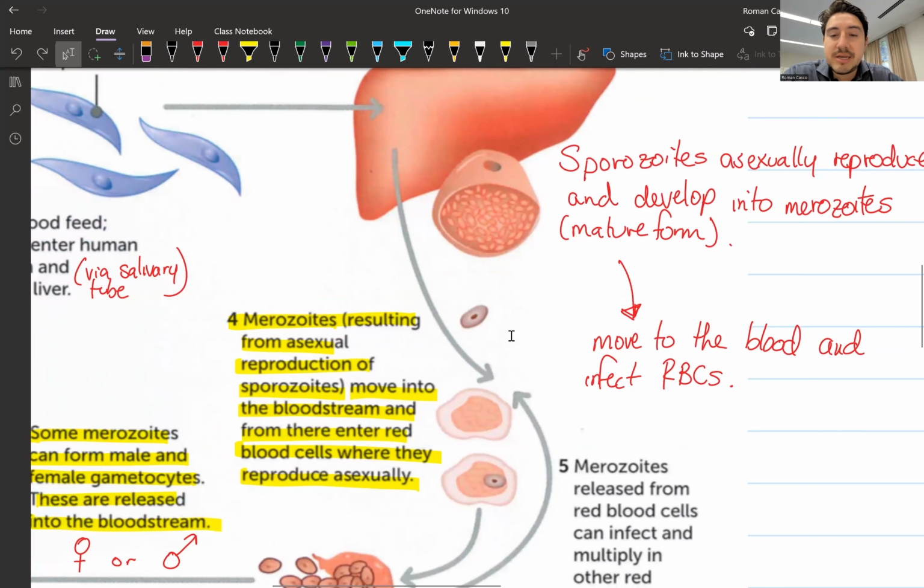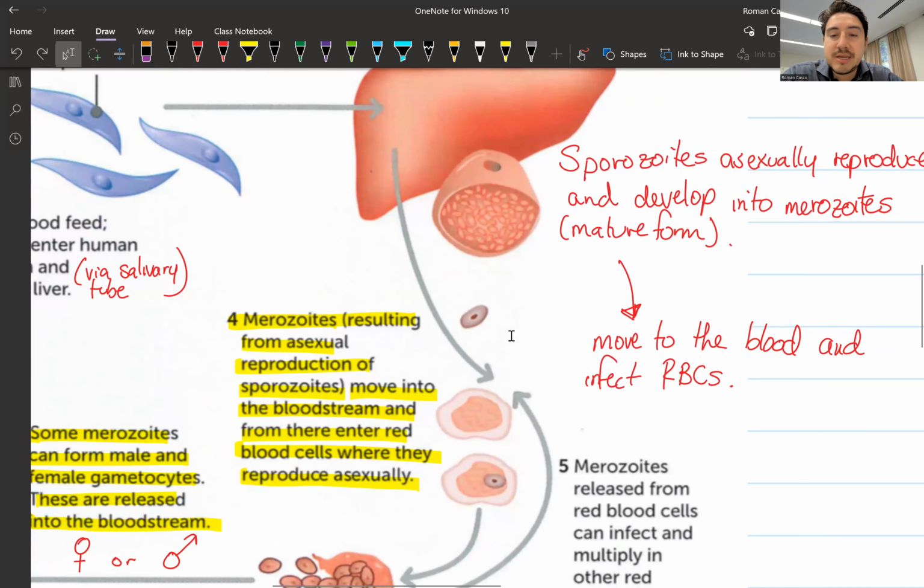So to the point that there are so many inside the red blood cells that the red blood cell basically explodes. It bursts, it lyses, and the parasites get liberated into the blood. Each individual little parasitic cell gets liberated into the bloodstream.